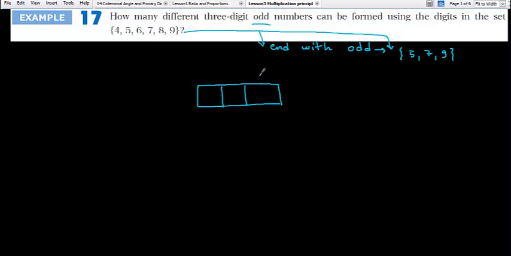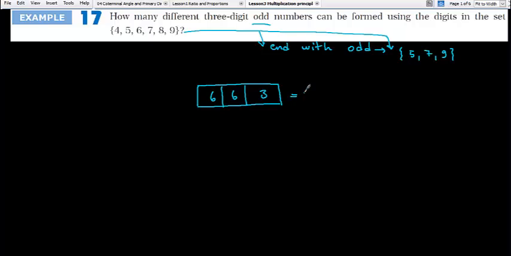So the last digit of the three-digit number has three possible cases, and then we have 6 possible cases for the first digit and 6 possible cases for the second digit, because it is not written without repeating. So 6 times 6 times 3 different three-digit odd numbers can be written.